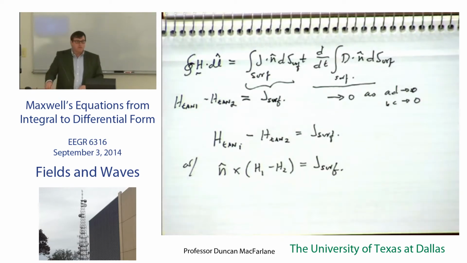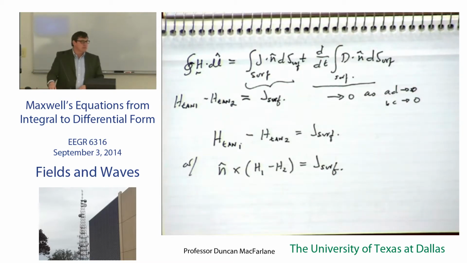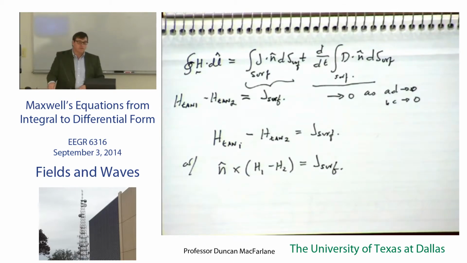Supposing I have 7 amps per meter tangential, and I've got another 3 amps per meter of surface current, then inside of that could well be 10 amps per meter inside the boundary. In other words, that surface current can act as a source of new magnetic field. Okay?